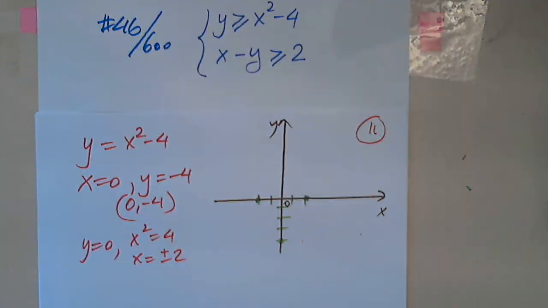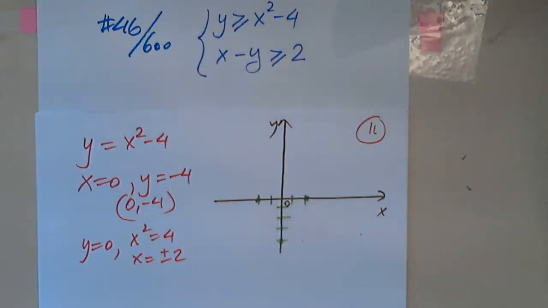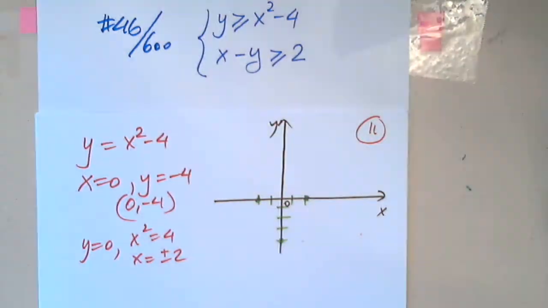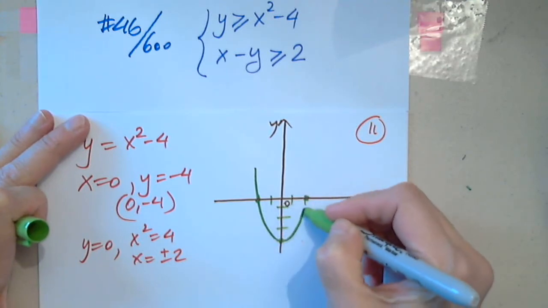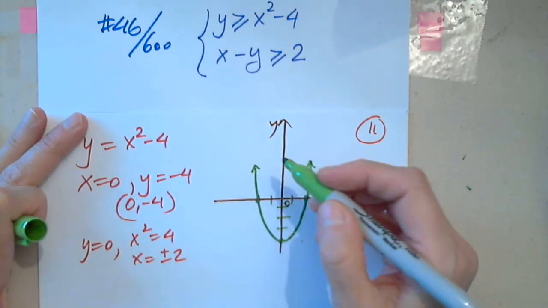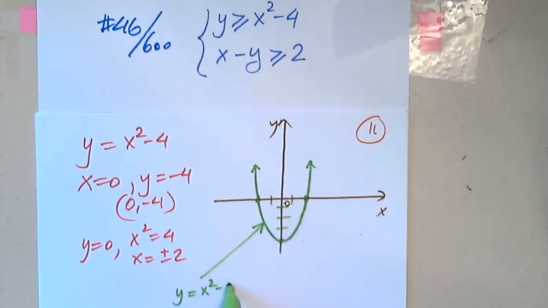So what type of graph is it? Parabola. Excellent. Thank you very much. Awesome. Great job. Very good. This is the graph of y equals x squared minus 4.